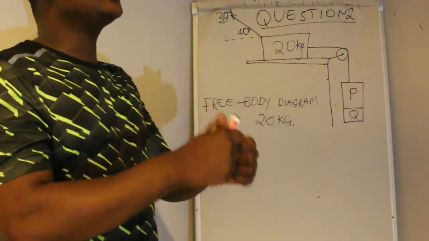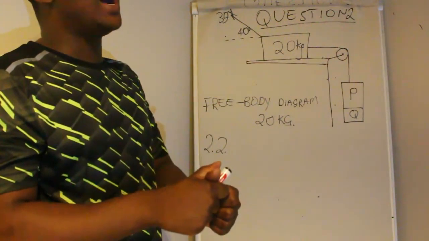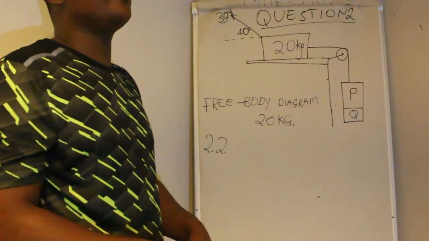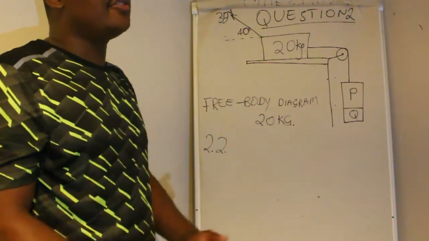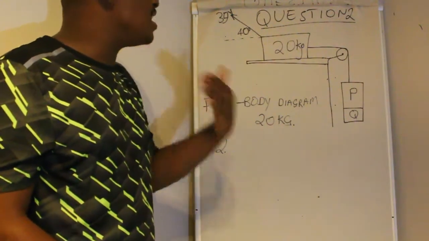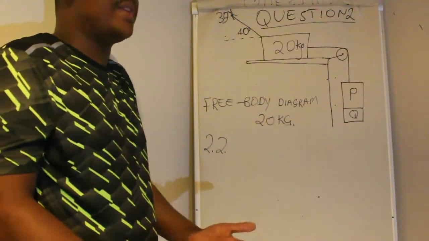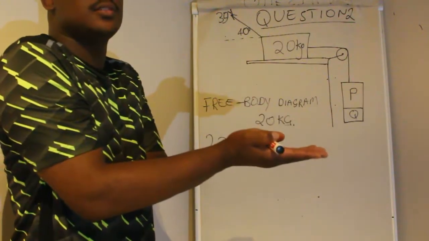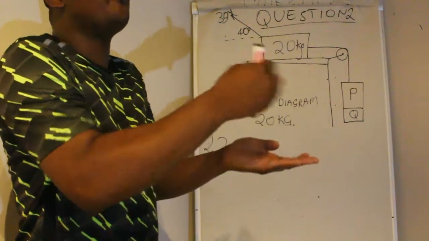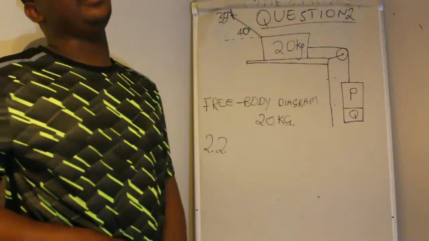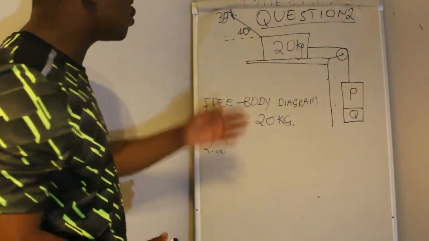The normal force acts on objects that are placed on a surface, because if I'm hanging, gravity will act on me, but there will be no normal force on me because I will not be standing or placed on any surface. So the normal force is the force of the surface on the object, and it's always perpendicular to the surface. So let's draw the free body diagram.